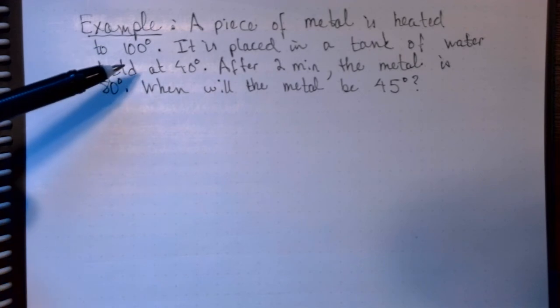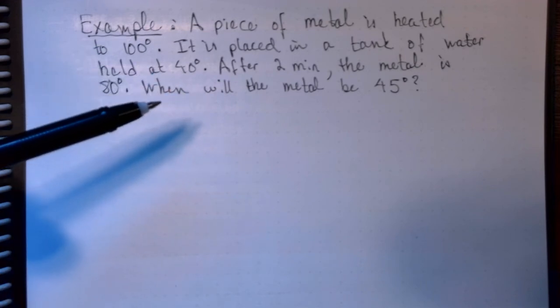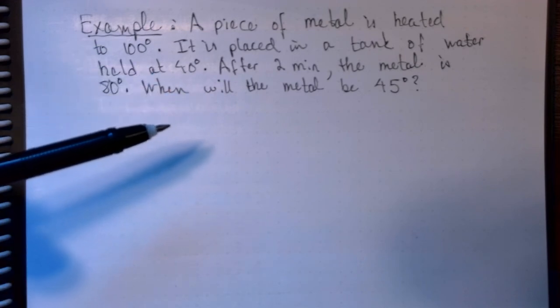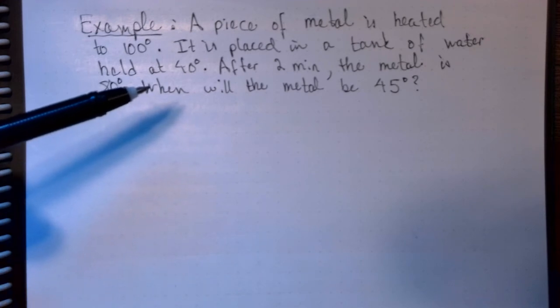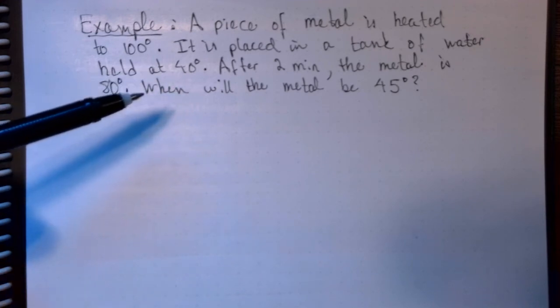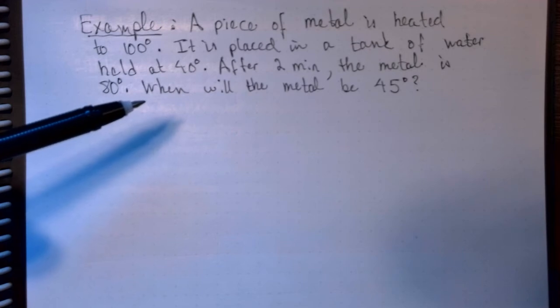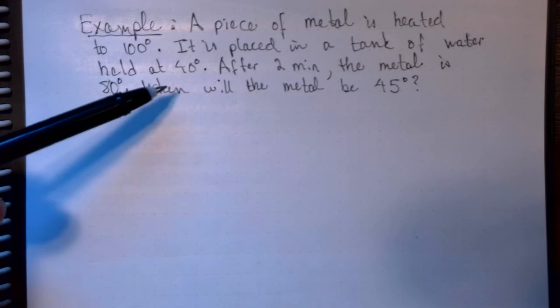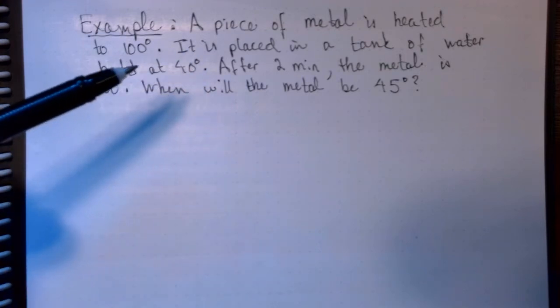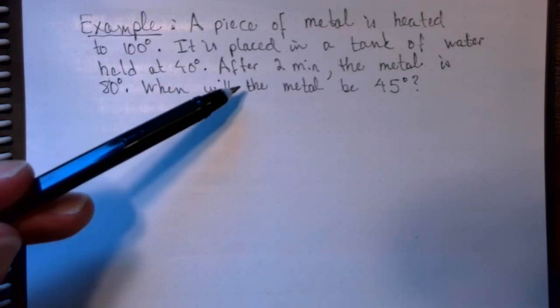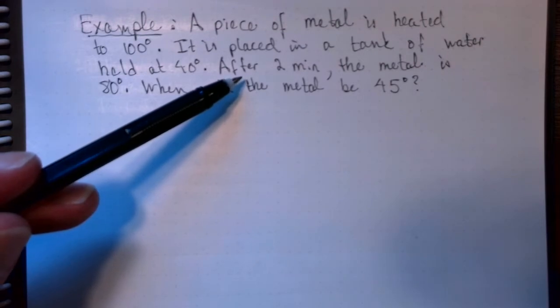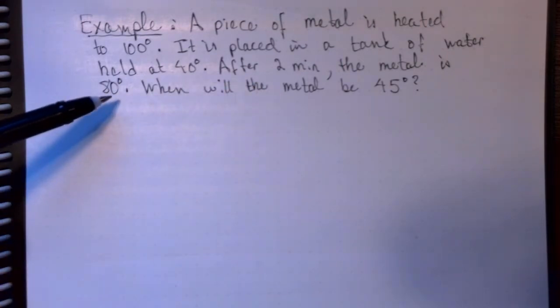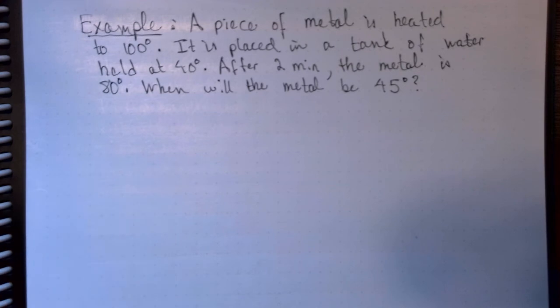And I'm sure you've seen them take that heated metal and hammer it into the shape they want, and then when they do that, they put it in some water, and you get that sizzling sound, right? So let's imagine that tank of water is heated to 40 degrees. Now, after 2 minutes, the metal is 80 degrees. Now the question we want to ask is, when will the metal be 45 degrees?